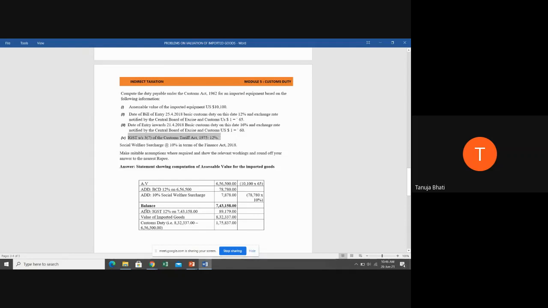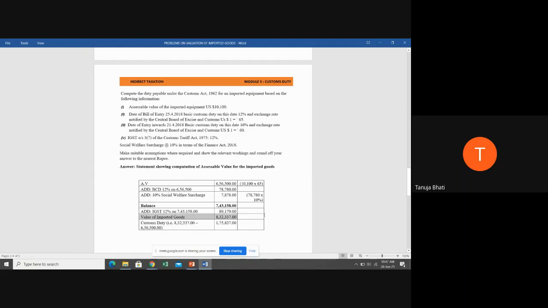Now, IGST will always be calculated on your assessable value plus your BCD plus your social welfare charge. Remember, BCD is calculated on assessable value, social welfare charge is calculated on BCD, and IGST is calculated on assessable value plus BCD plus social welfare charge. So 12% on 7,43,158 will give you 89,179 as your IGST.